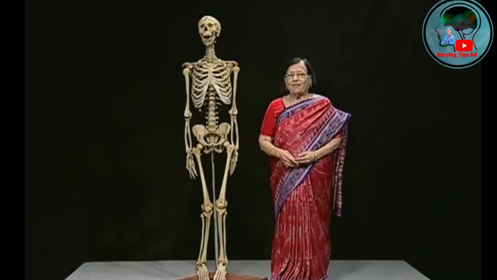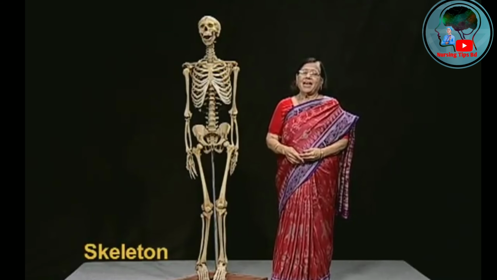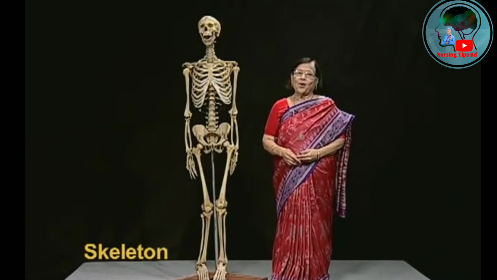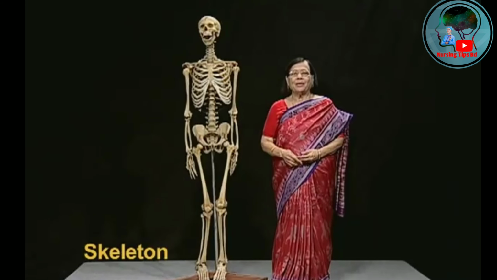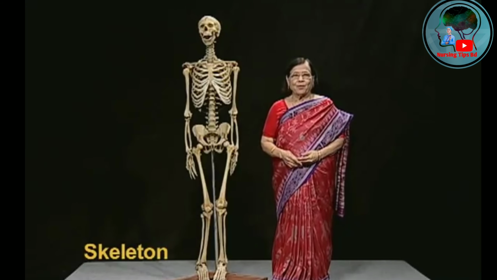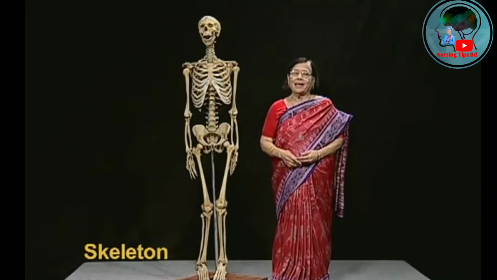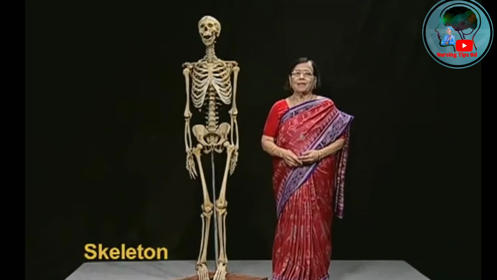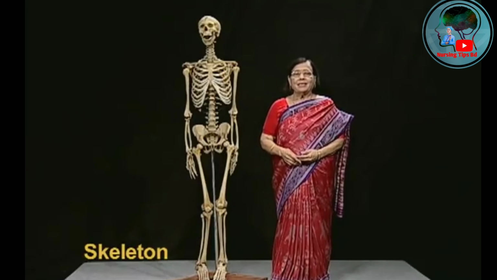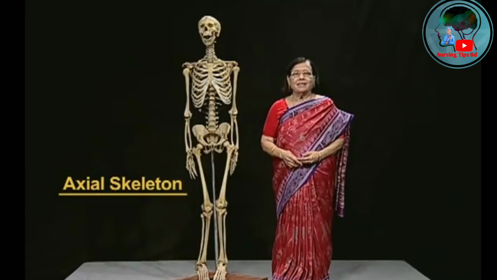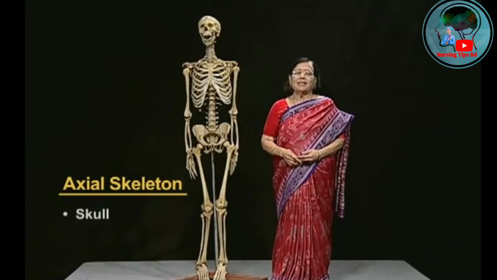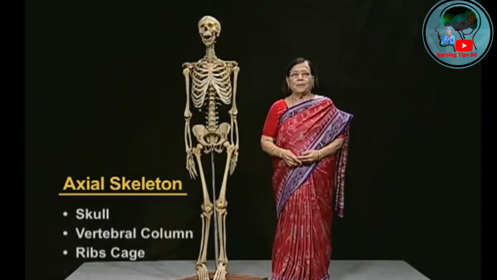Children, we have reached near the skeleton, and I am quite excited to see all the bones in one go. I am sure you are equally interested to know about placement of these bones in our body, which we are going to discuss along with this skeleton. As you know, there are two main divisions of the skeleton: axial skeleton, in which come the skull, the vertebral column and the rib cage.